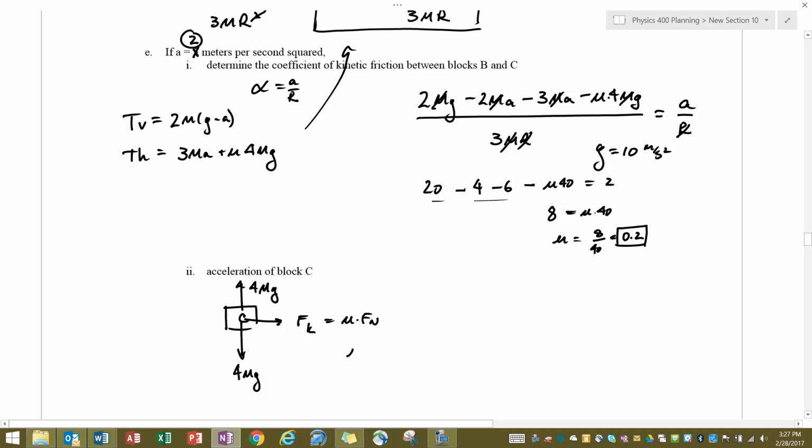So mu times 4mg is equal to the net force, which is equal to 4ma. So mu times g, so 0.2 times 10, is the acceleration of block C, which is 2 meters per second squared.